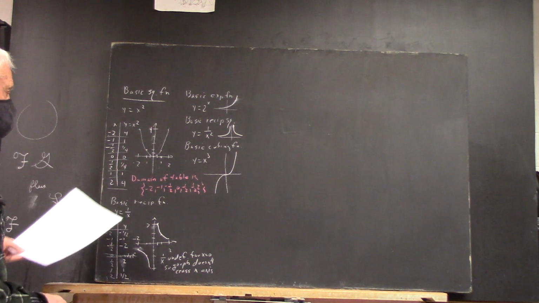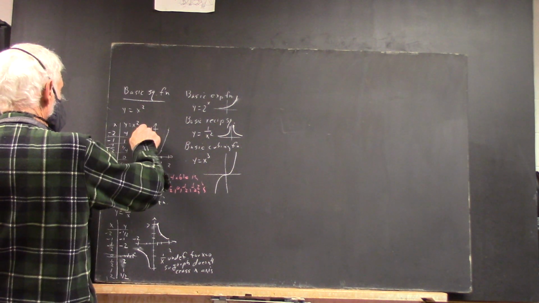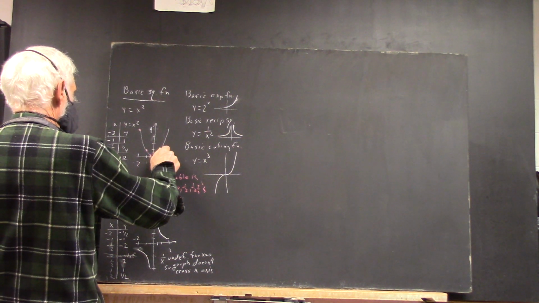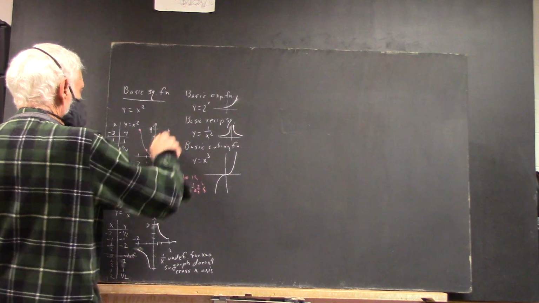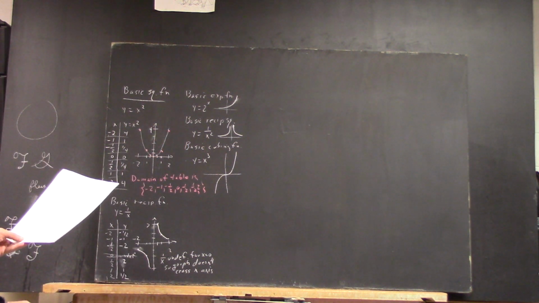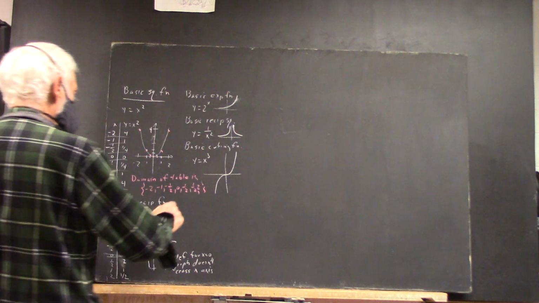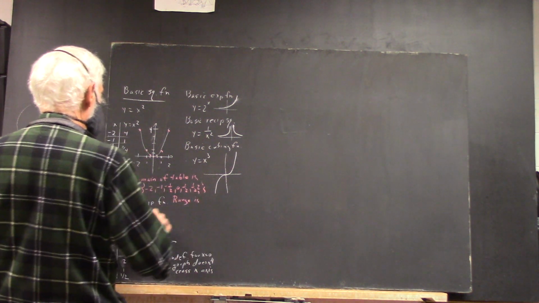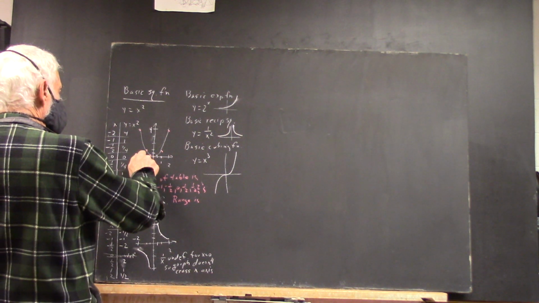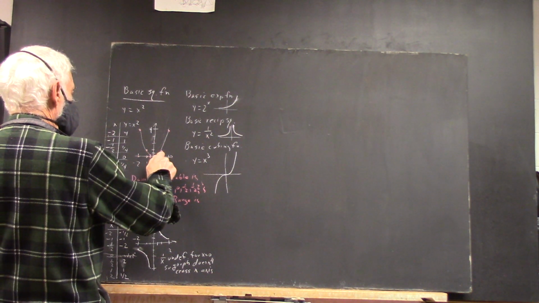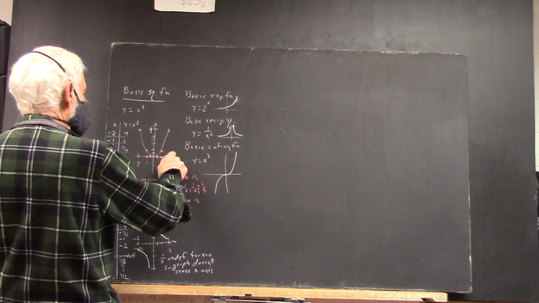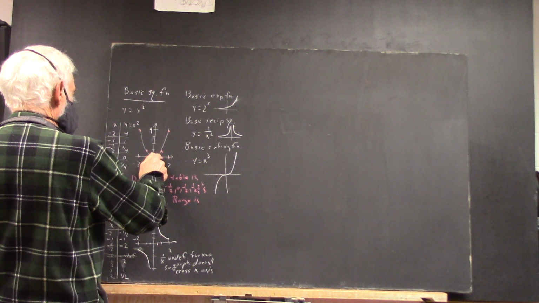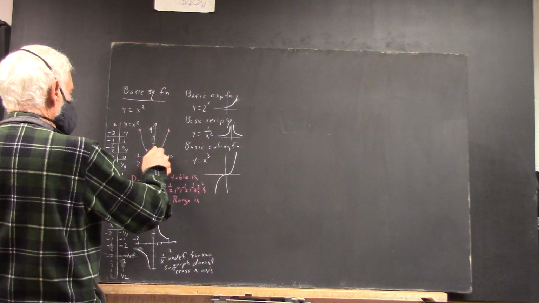And if you graph the function on that domain, you only get these points. And the range is what? Well, the domain consists of these values on the x-axis, and the range consists of the numbers on the y-axis that correspond to your points.